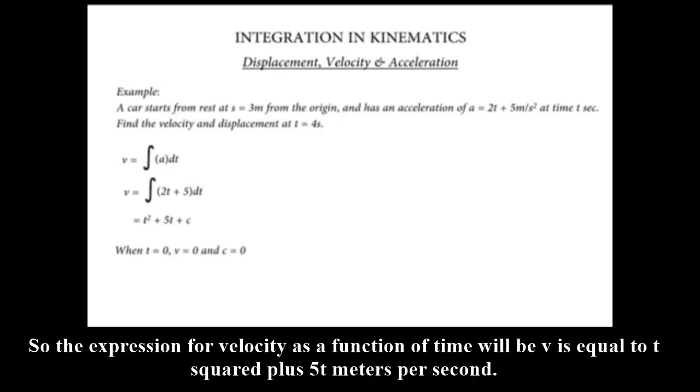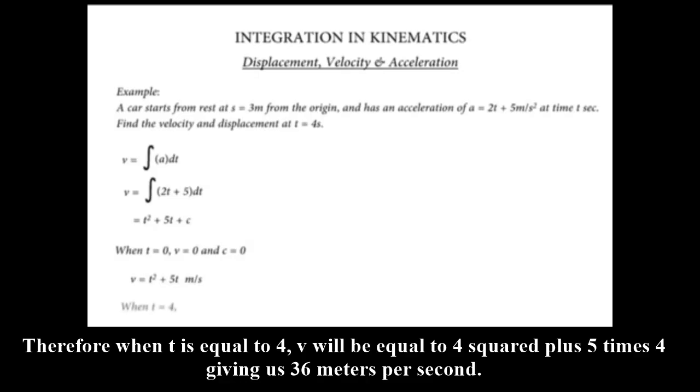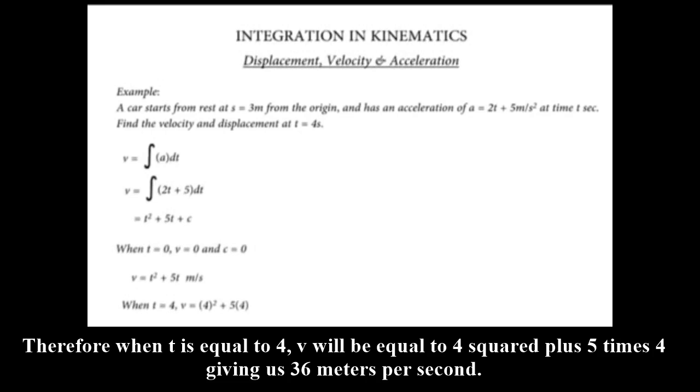So the expression for velocity as a function of time will be v is equal to t squared plus 5t meters per second. Therefore, when t is equal to 4, v will be equal to 4 squared plus 5 times 4, giving us 36 meters per second.